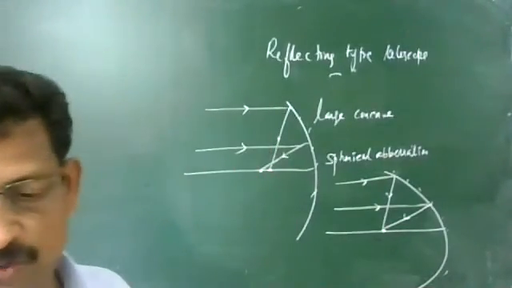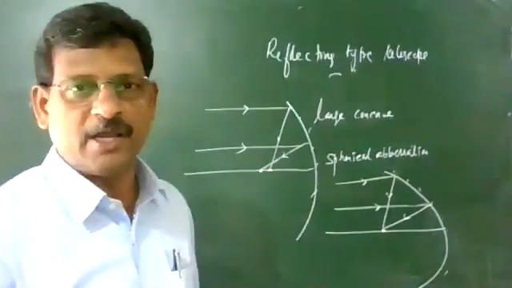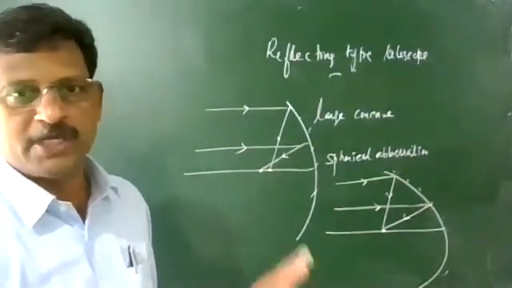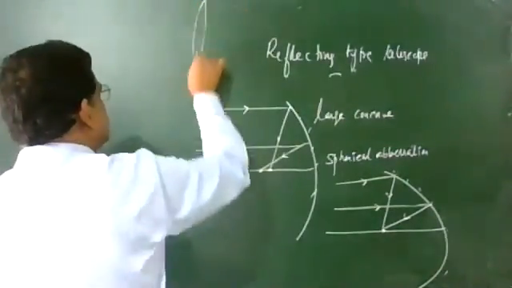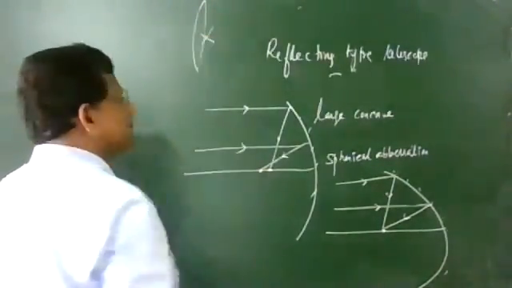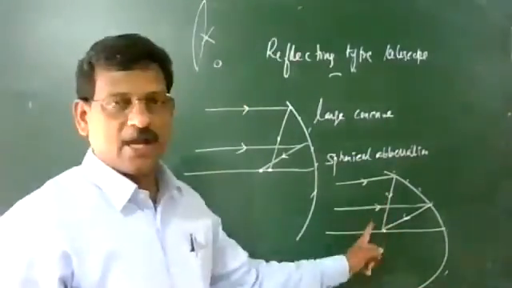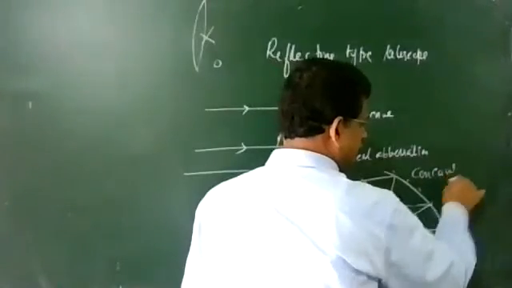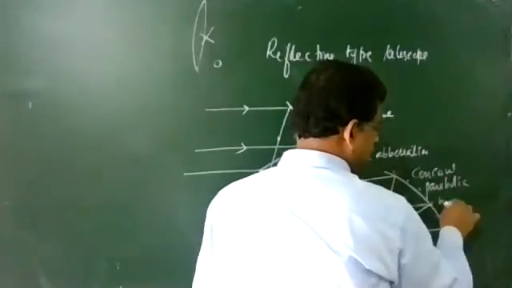Such a mirror is used as the objective mirror in a reflecting type telescope. So the objective is not a lens; instead, it is a concave parabolic mirror. What is the advantage of the concave parabolic mirror?